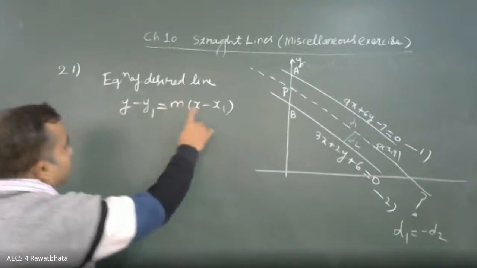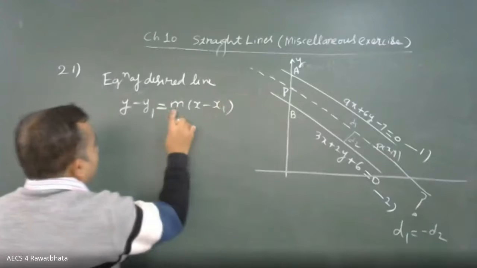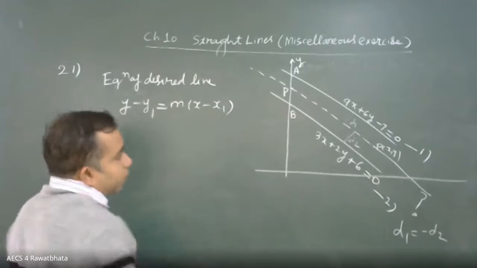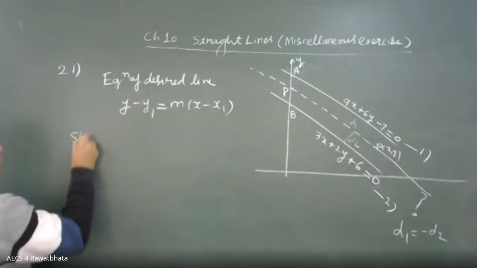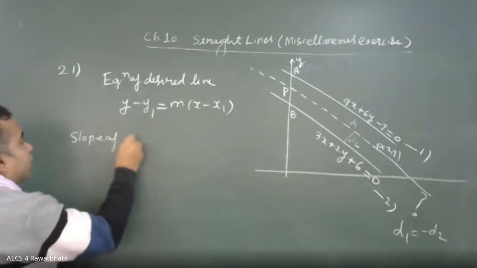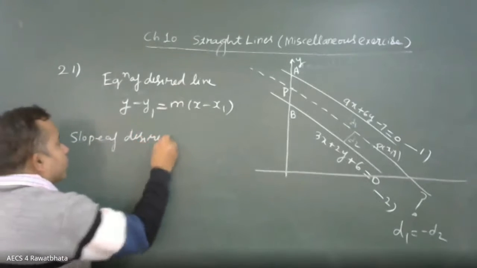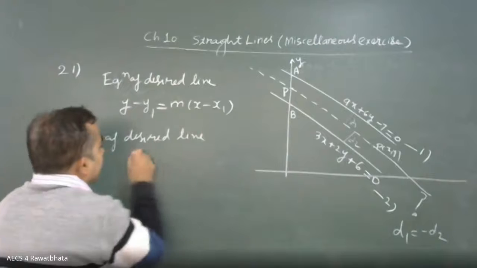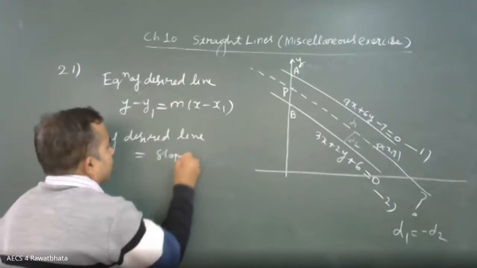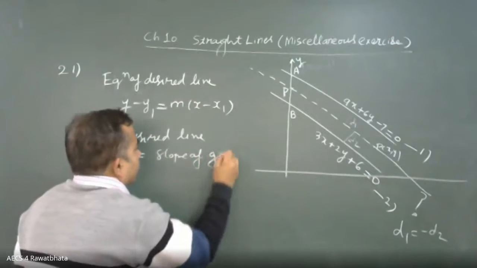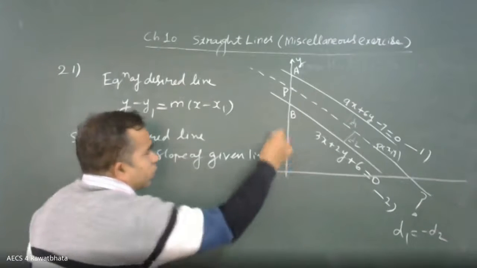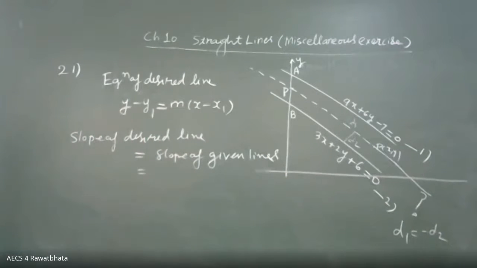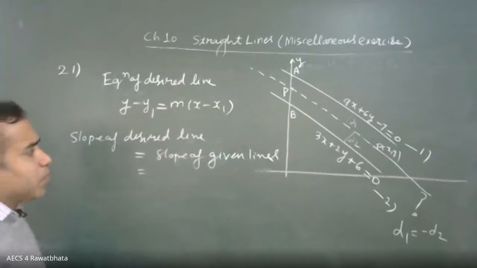So to write the equation of our desired line, this dotted line, we need m, and we need a point through which our desired line passes. So the slope of the desired line will be the same as the slope of the given lines. What is the formula when the lines' equations are given in ax plus by plus c equal to 0 form?